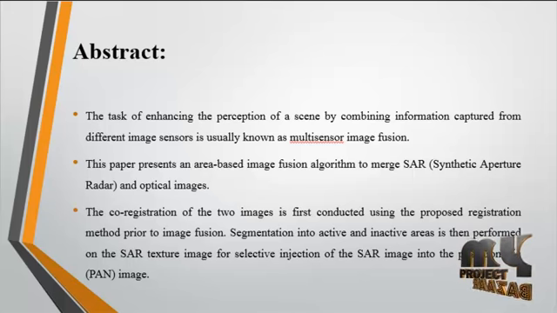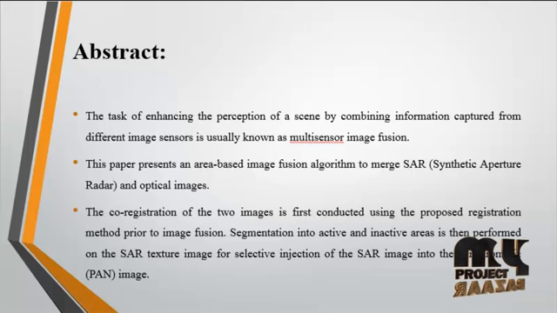The task of enhancing the perception of a scheme by combining information captured from different image sensors is usually known as multi-sensor image fusion. This paper presents an image fusion algorithm to merge SAR, that is synthetic aperture radar, and optical images.